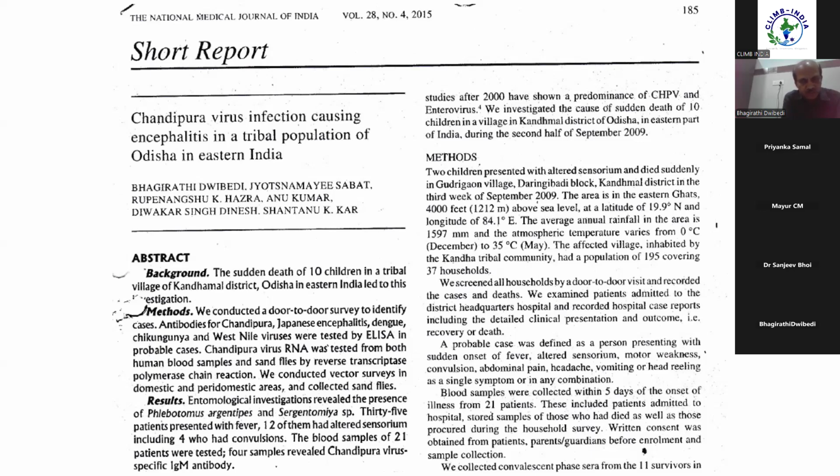And in this case, the time to death from the first onset of symptoms is very short. That means within 12 hours, 24 hours, up to 36 hours, death can happen from the first onset of seizure or first onset of altered sensorium.